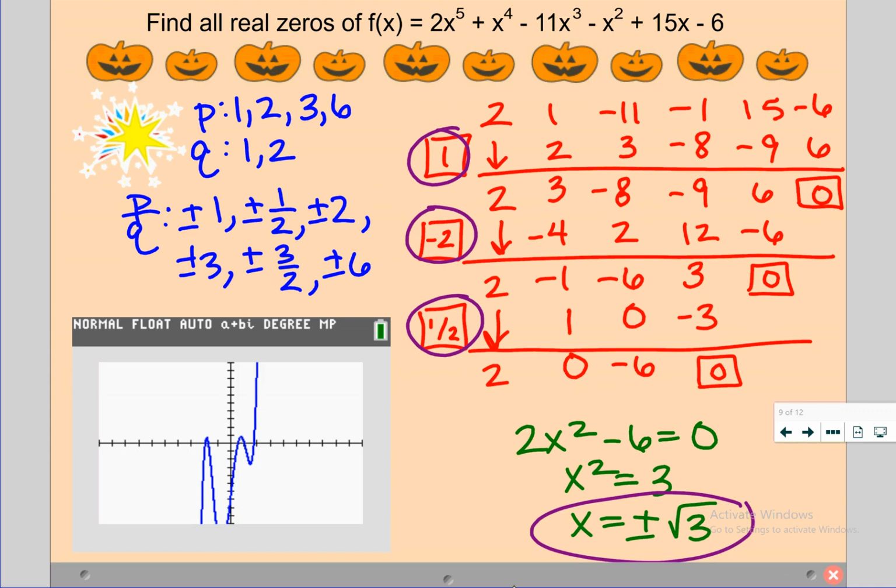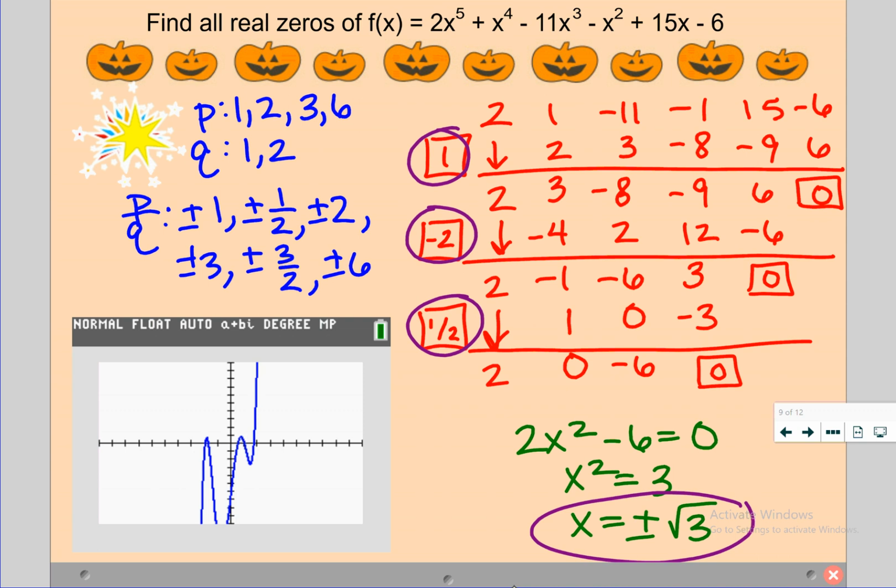All right, let's see how you did. I circled the 5 answers. Now, you guys may not have done your synthetic division in the same order as me, and that's okay.